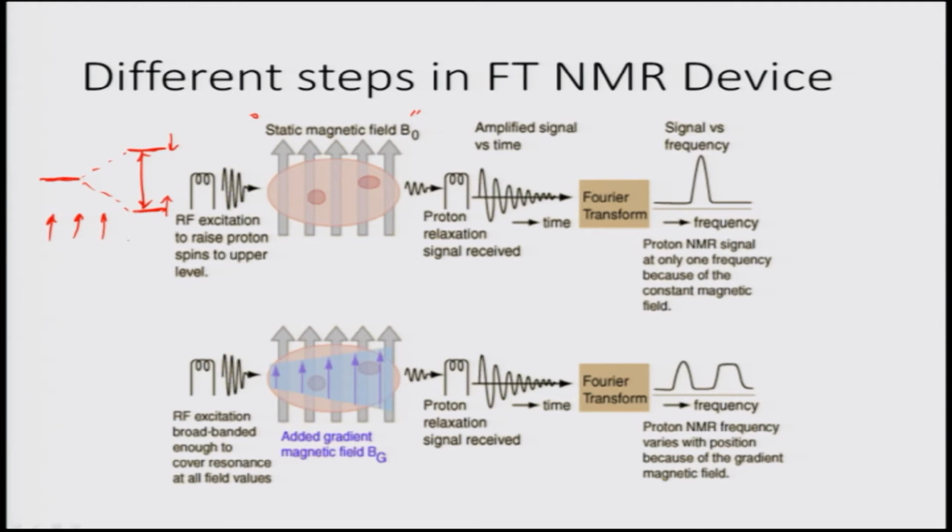The one which is aligned along the direction of the field will be lowered in energy, whereas the ones which are opposing the direction of the field will have the higher energy.